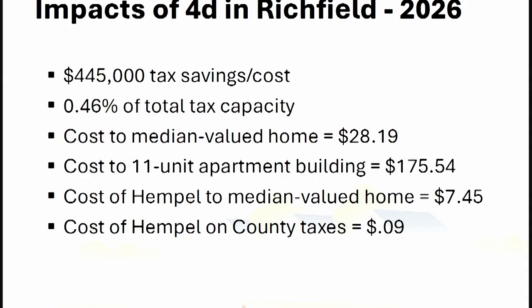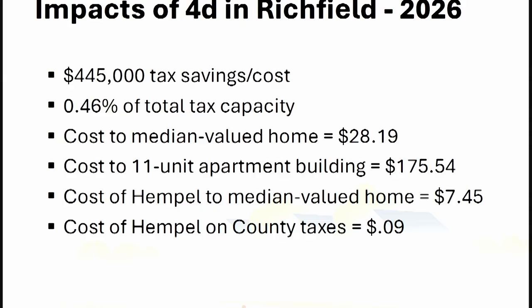This is actually slightly less than the 2025 number, which was $477,000. I think that's a reminder that there are lots of things that go into valuation and tax values. Not everything is held constant, so you can't really measure for sure the exact impact that way.